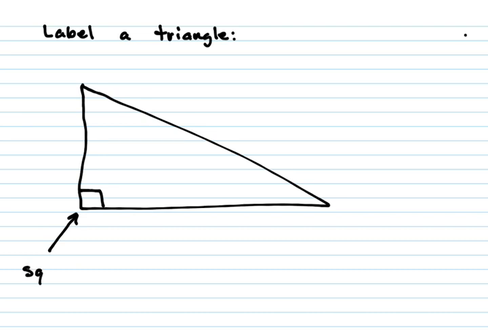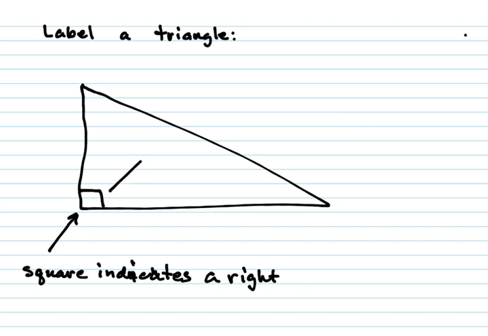Remember that square in the corner always indicates a right triangle. Now remember, this only works with right triangles, so you need to be told that it's a right triangle. You could be told that that angle is 90 degrees, or they'll most commonly just draw that little square in the corner.